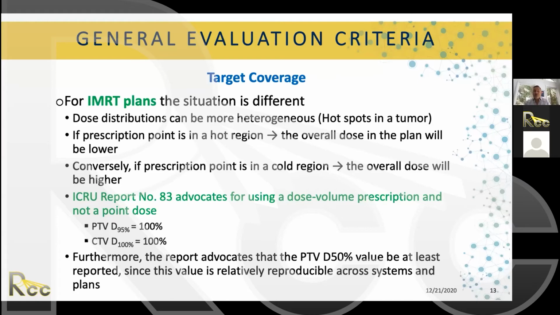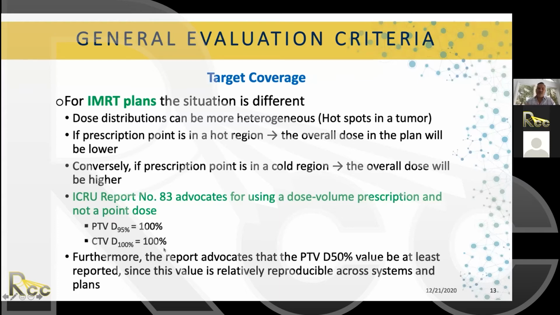So ICRU report 83 advocates using a dose volume prescription and not a dose point, meaning that you're going to be using an isodose line or a dose volume. For example, as we have talked about a lot before, and again this can vary between institutions, most centers will normally prescribe or normalize the PTV such that the D95 of the PTV is equal or close to 100%, and the CTV D100 is equal or close to 100%.